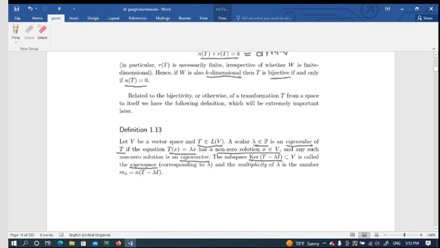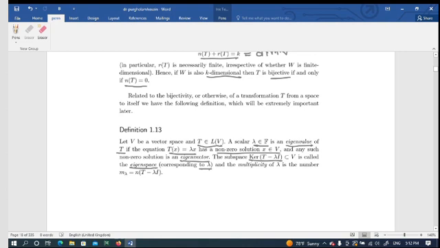Of course, this eigenvector or eigenspace corresponds to lambda. When lambda changes, these spaces will change too.